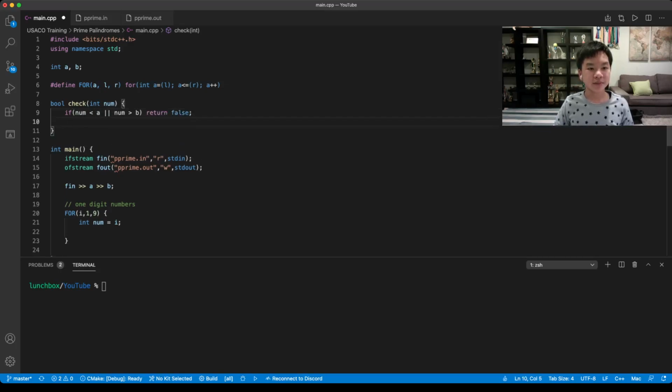So now we need to check if it's a prime. To do that, we can check it in square root of n.